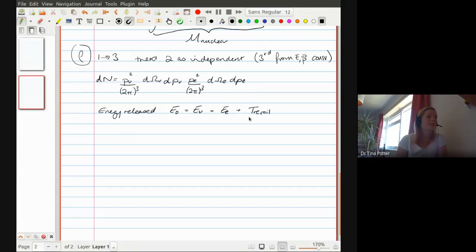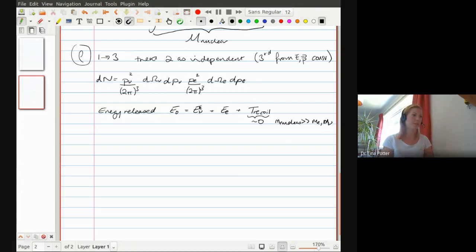Now this I'm going to approximate as roughly 0 because the nucleus is much heavier than the electron or the neutrino. I mean, that's basically massless, isn't it? So we can approximate the energy released as the neutrino energy and the electron energy.